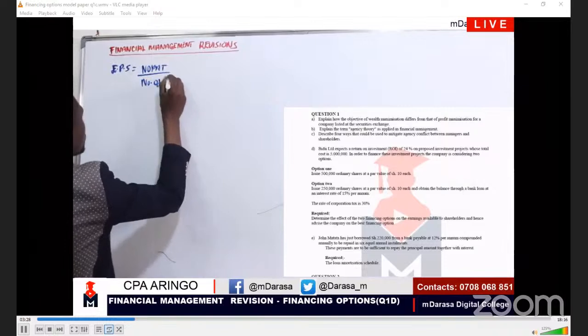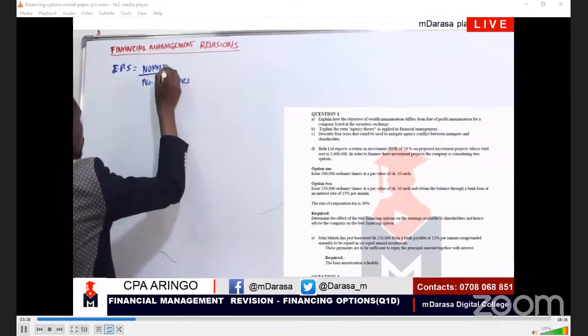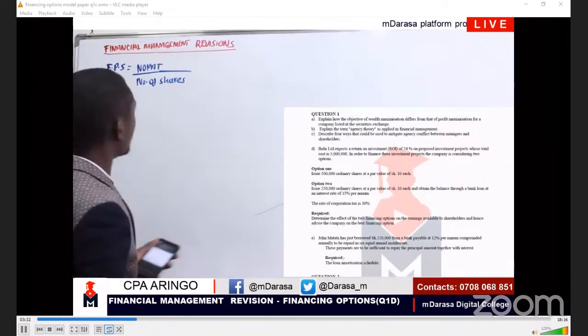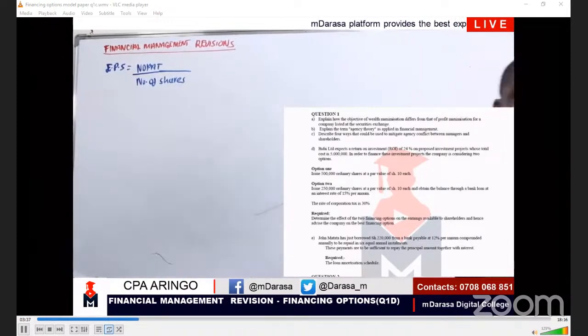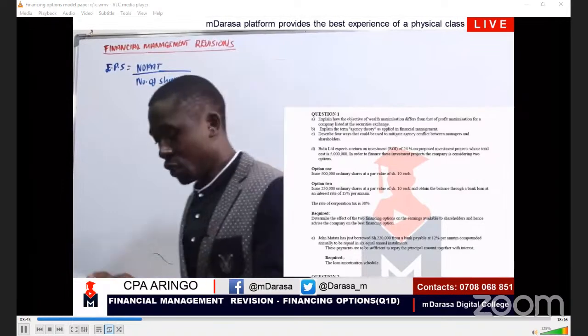This will give us what we're referring to as earnings per share, whereby you'll be talking of NOPAT, that is net profit after tax, divided by the number of shares.